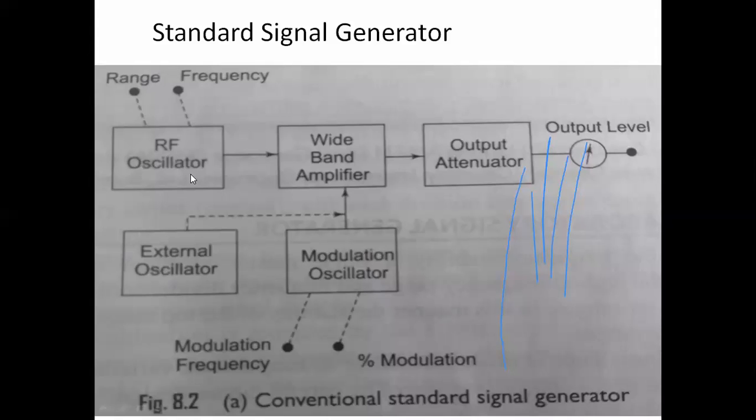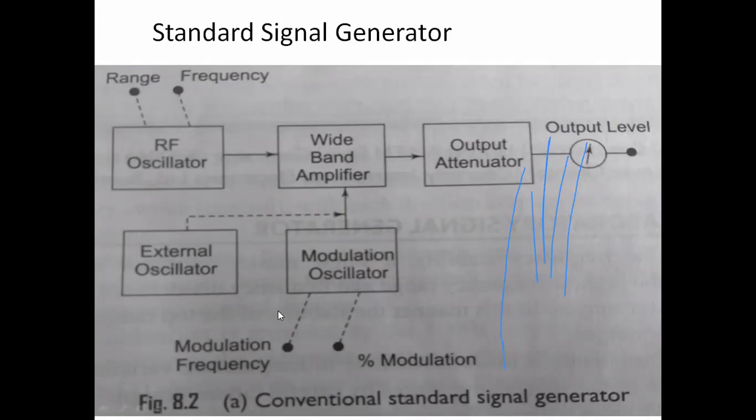The generated oscillations are sent to the wideband amplifier, and from the modulation oscillator we produce a very small frequency signal. Those two are modulated in the amplifier section, or we can call it the power amplifier section, and from there we get the modulated output signal. This modulated output signal will be used for the requirement of the user.